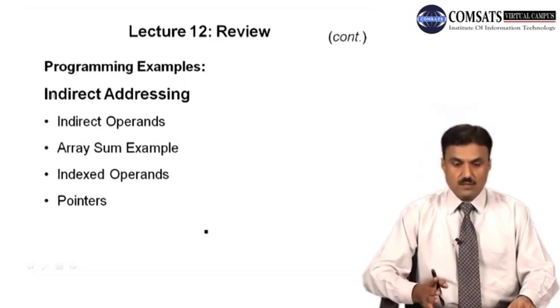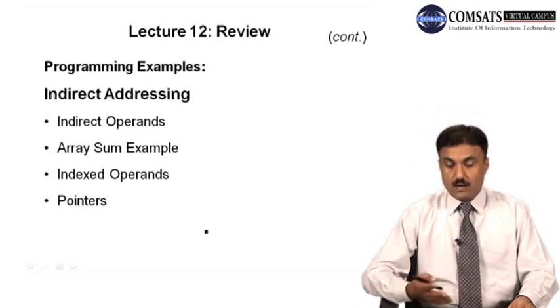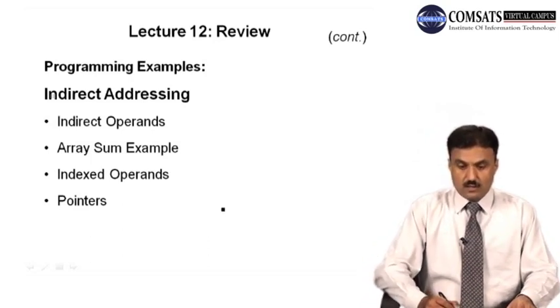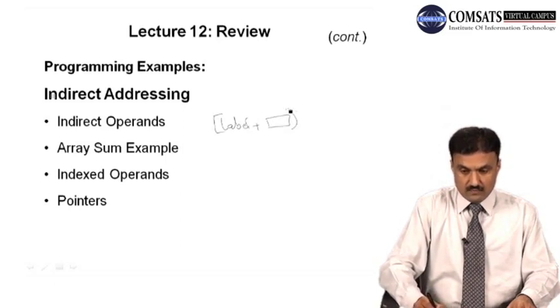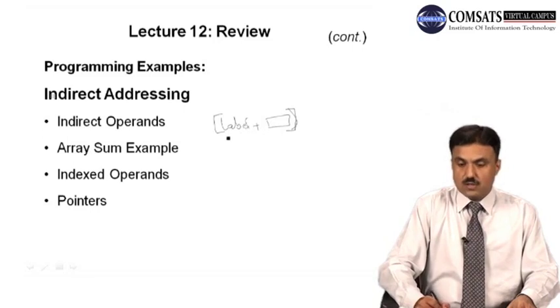So we could use the indirect operands, and we also saw an array example. For indirect operands we have a label plus some pointer or offset, so we can get the total or complete address.